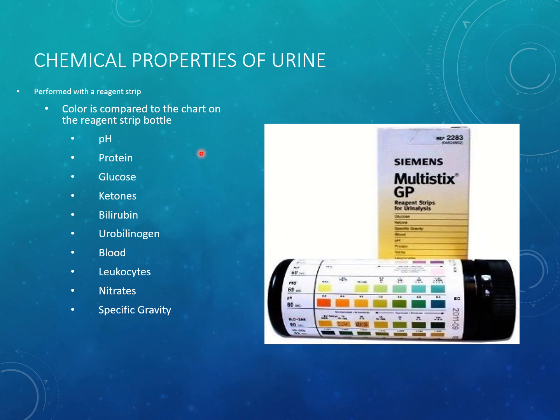And the strips read pH, protein, glucose, ketones, bilirubin, urobilinogen, blood, leukocytes. And again, when we're talking about blood, that's mostly red blood cells, whereas leukocytes are specifically white blood cells, nitrates, and specific gravity. And like we discussed before, the strips are not really accurate for specific gravity, so you always want to double check a specific gravity with your refractometer.